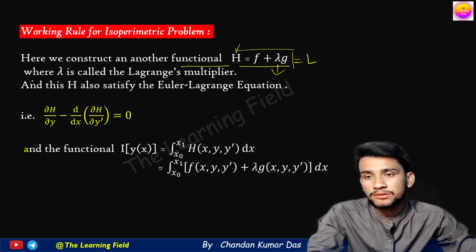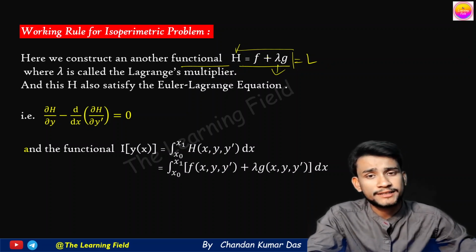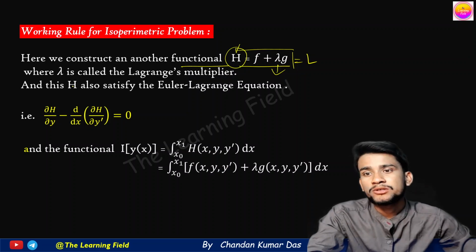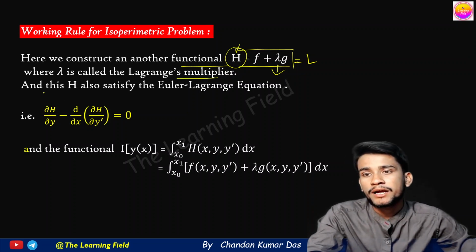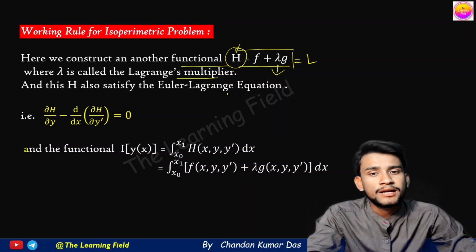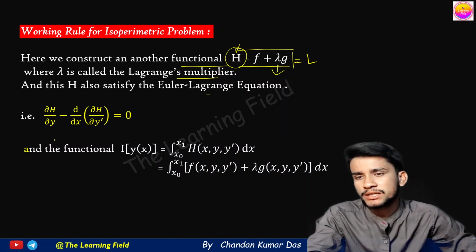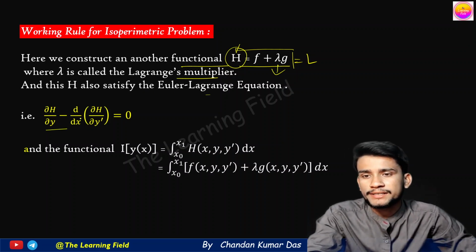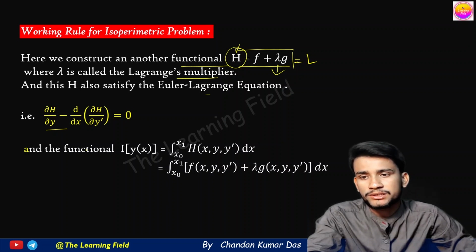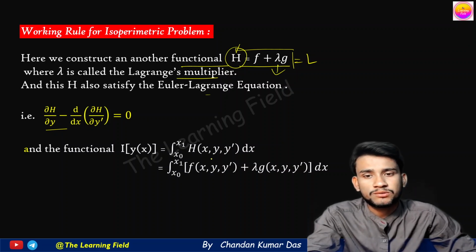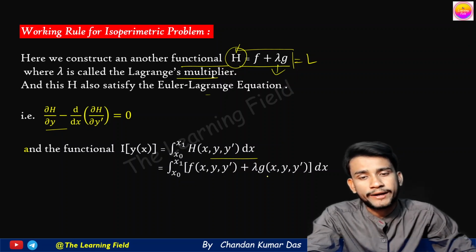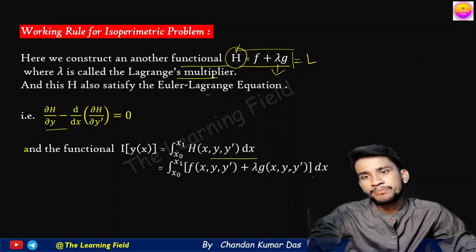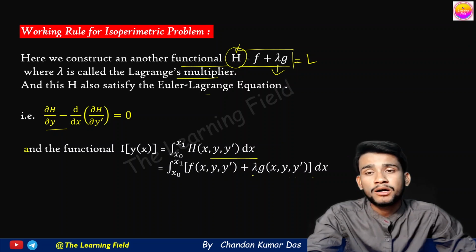Some books use the term Lagrangian for this H or L. So lambda is called the Lagrange multiplier, and this H also satisfies the Euler-Lagrange equation, that is, del H by del y minus d/dx of del H by del y' equal to 0, where the functional H is the integral from x0 to x1 of f(x, y, y') plus lambda g(x, y, y') dx. So this is one specific form of calculus of variation.